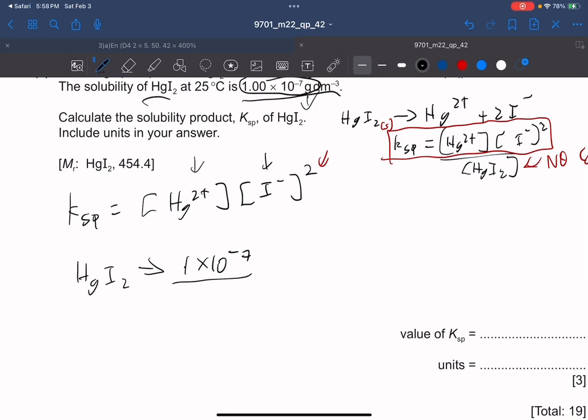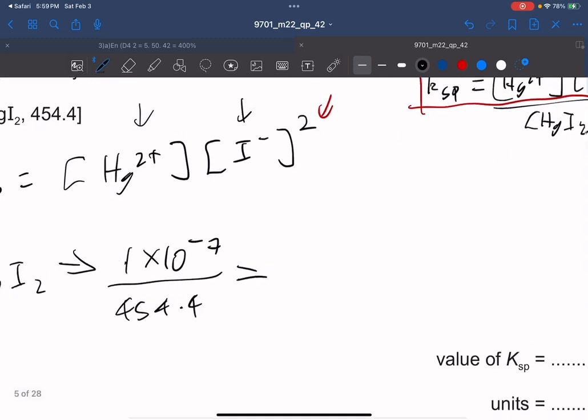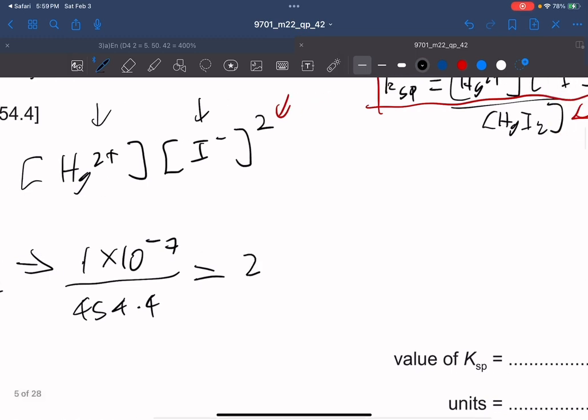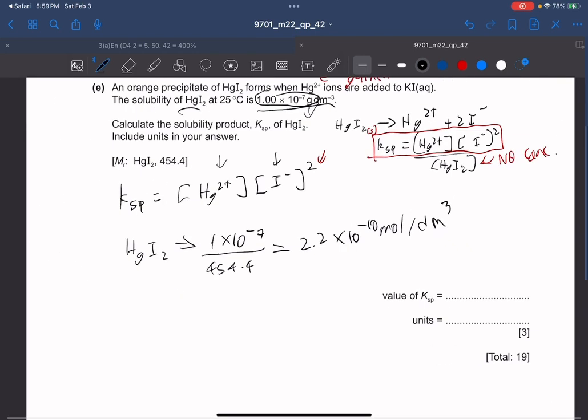So if we're going to convert that, it's just going to be our mass over Mr as usual. So that's going to be basically 2.2 times 10 to the minus 10 mole per dm cube.